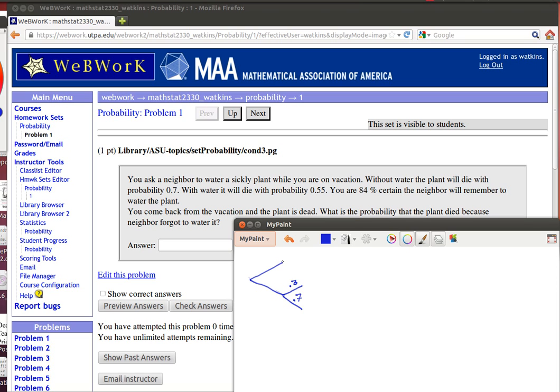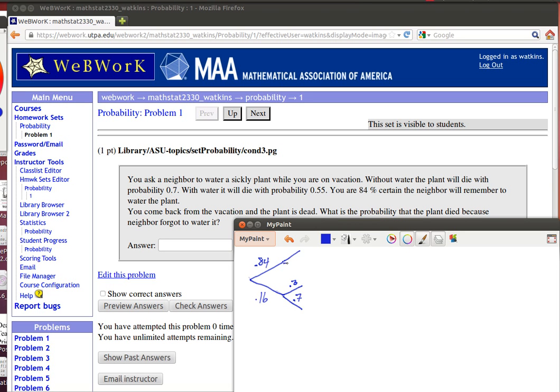Now on the other hand, if it gets watered, let's look at more of the details. You're 84% certain that the neighbor will remember to water the plant. So that means that there's an 84% chance that the neighbor will water the plant, and therefore a 16% chance that the neighbor will not water the plant.